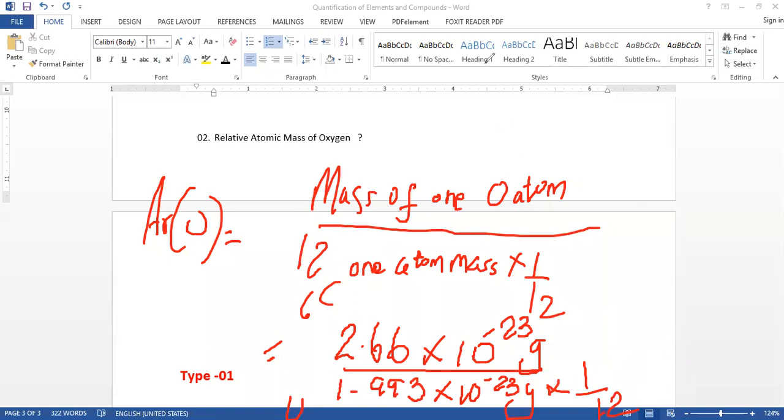Sorry, there is a gram. So then I can cut this gram and this gram. Now what would be the value?